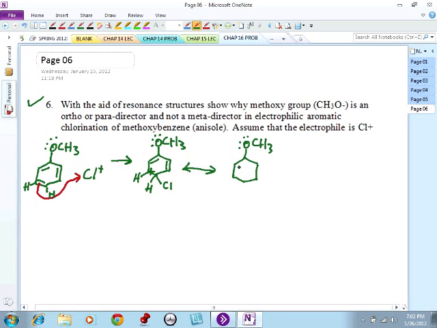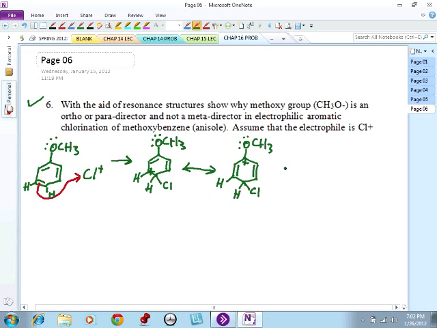Okay, so what happens here? The double bond is moved to here. The positive charge is here. This double bond is still here. Hydrogen here, chlorine here, and this hydrogen is still here.